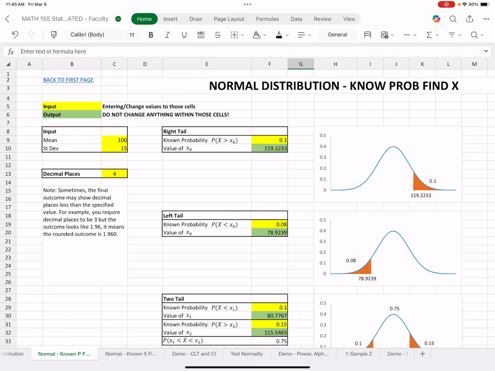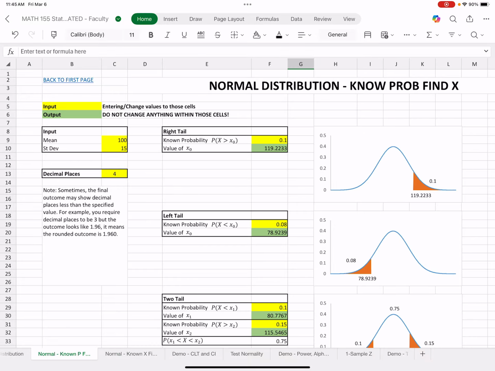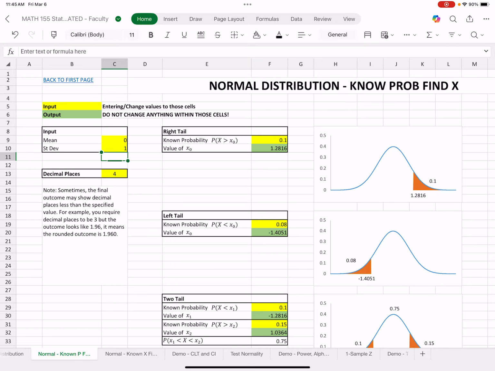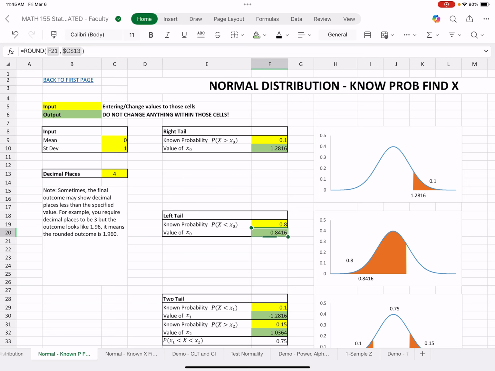We go to normal, no probability, find x, right? So we did have to switch worksheets. We again make sure our mean is 0, our standard deviation is 1, and I guess in this case we're going to want the left tail, right? The known probability, we don't want it to be 0.08, just maybe 0.8. And that's what we get, 0.8416.